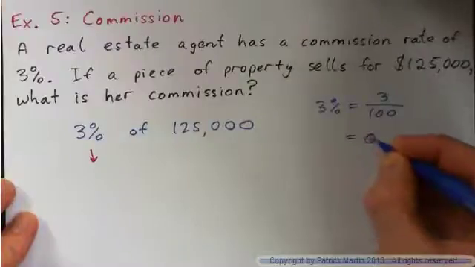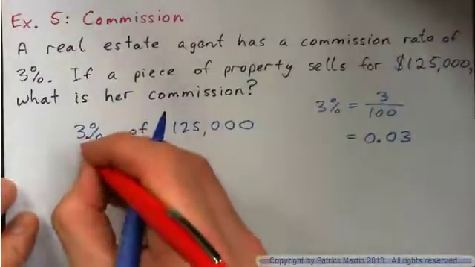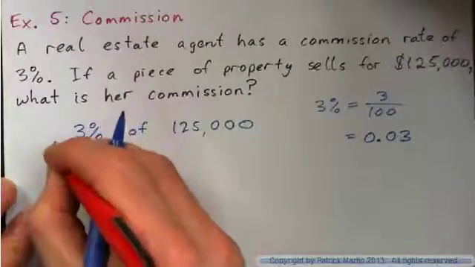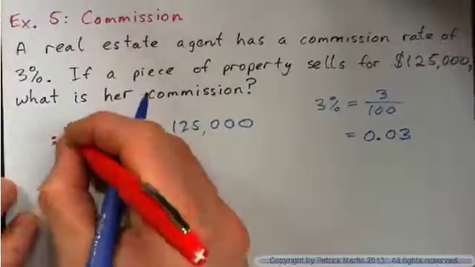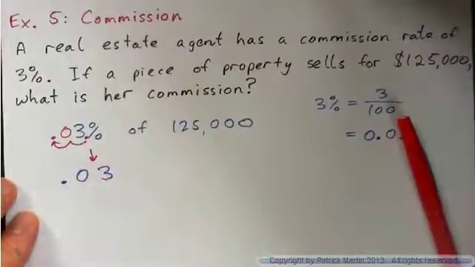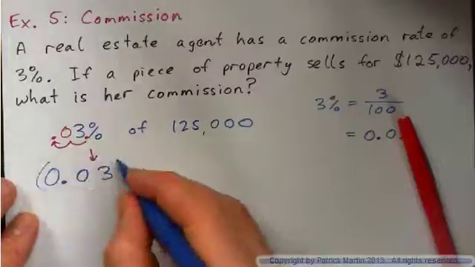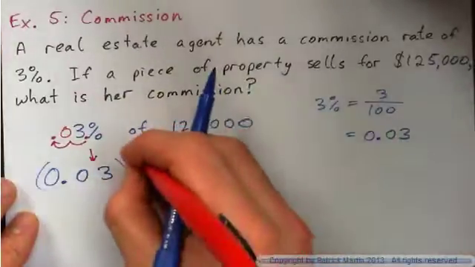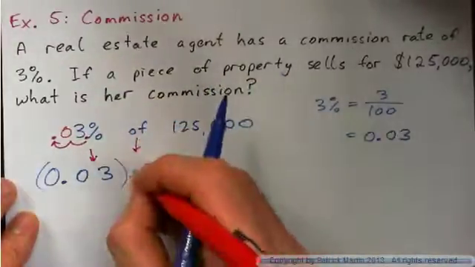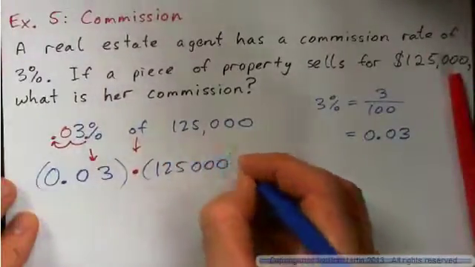As a decimal, then, that's 0.03. Of course, we can just take this decimal point, move it 2 spaces to the left, stick in a placeholder 0, and we'll get 0.03. So 3% as a decimal is 0.03. Of means what? Of is multiply.